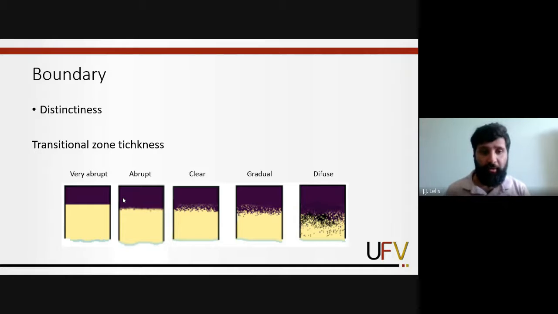It's very common to see this kind of boundary in fluvial soils, in soils that are influenced by rivers, marine terraces, and colluvium, sedimentation, because these horizons or layers have been there for a very short time, like just one decade or less, just one month, one season.